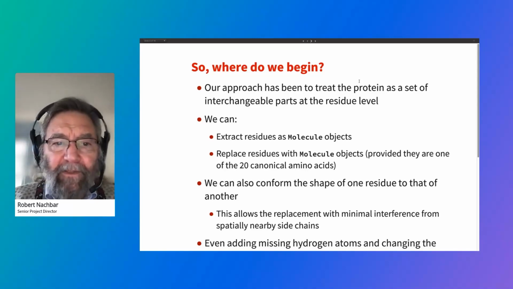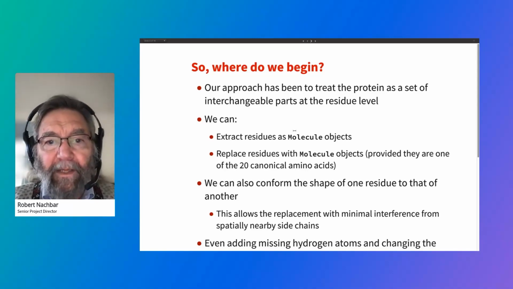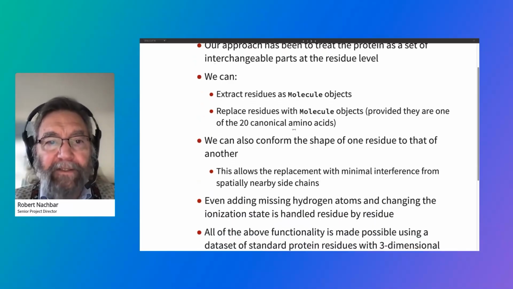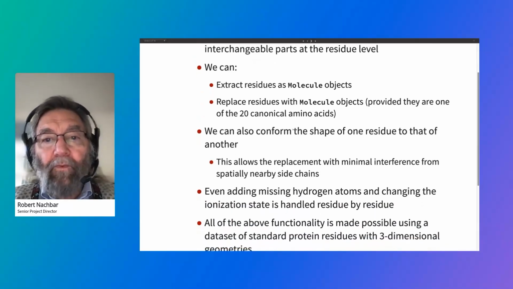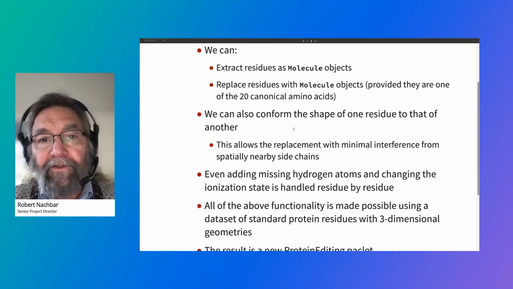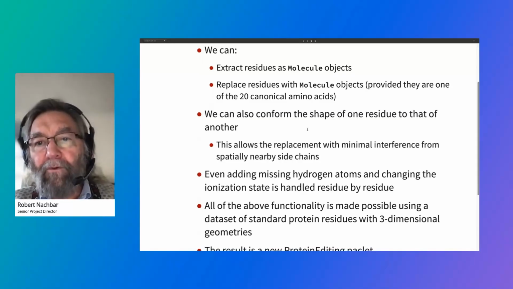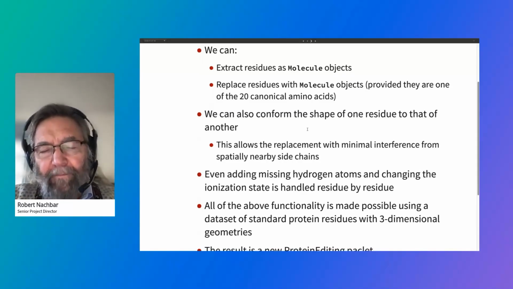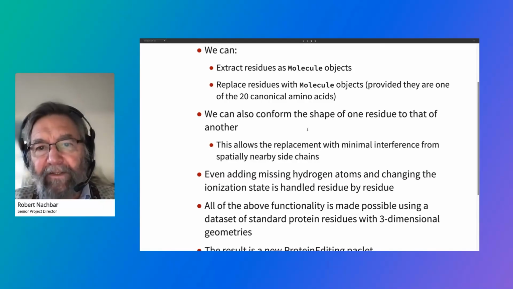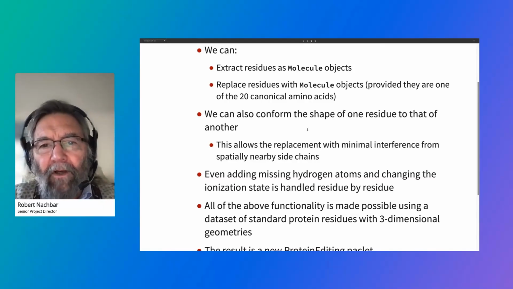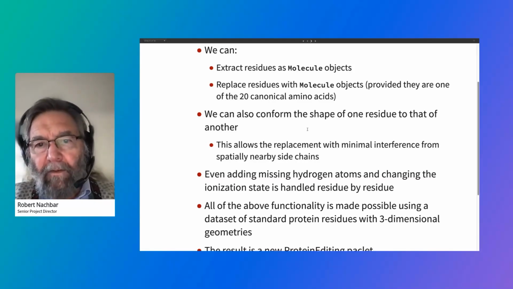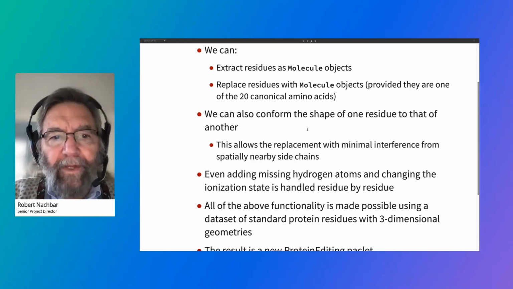So those are the sorts of things that we wanted to be able to do. So we need to be able to extract and replace. And in between, we also want to conform the shape of the new residue so that when it goes into the biomolecule and replaces the one that's there, it causes minimal interference from especially nearby side chains. So we built a tool to do that as well.